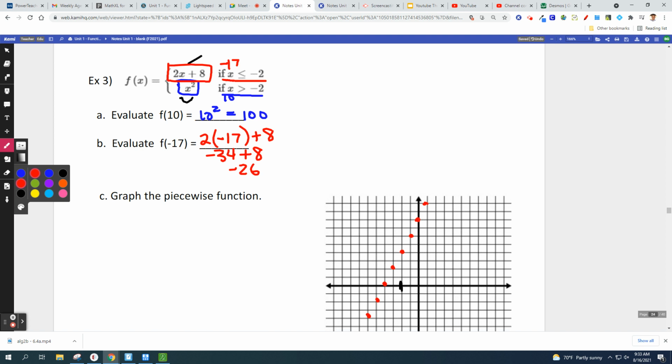You've got a line that looks like that, except we only want the piece of it that's less than or equal to -2. So we don't really want the whole thing. We only want the part of it that's less than -2. Now, is that last red dot going to be an open circle or a filled in circle?